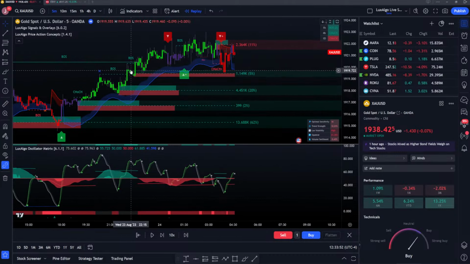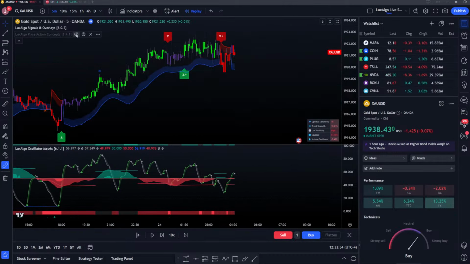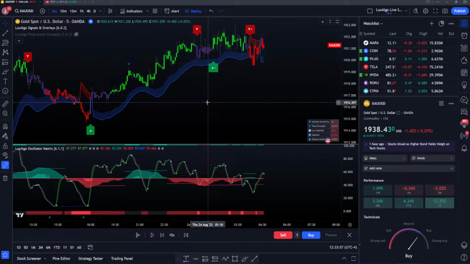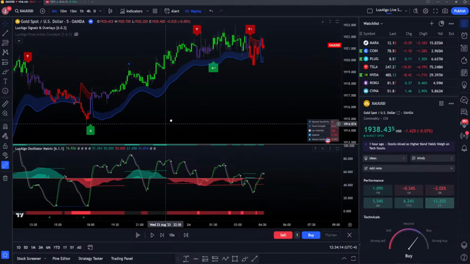So that's just a way to identify everything lining up at the same time, and then waiting for that to happen to take the trade. Making sure you understand that you don't need to take a trade if something is going against you. So just keep an eye out for setups like that.